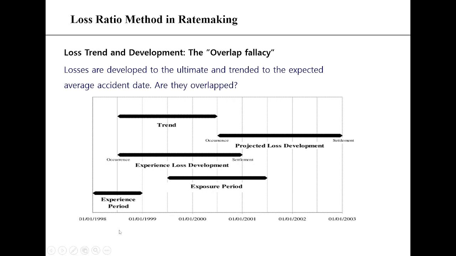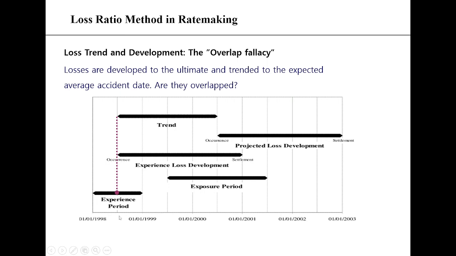And then we usually get the average accident date. Right now, we can get, let's say, the empirical distribution of accident dates for this period and have a better view, but this is a long time ago, so we just took the midpoint.